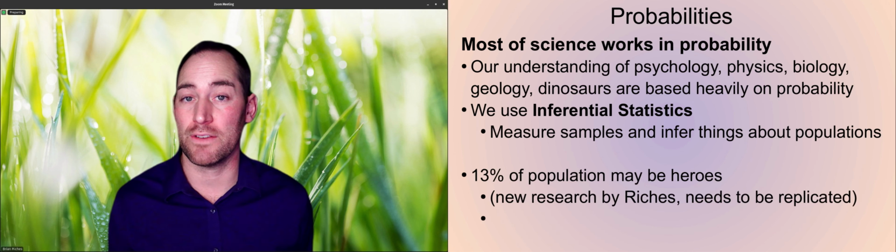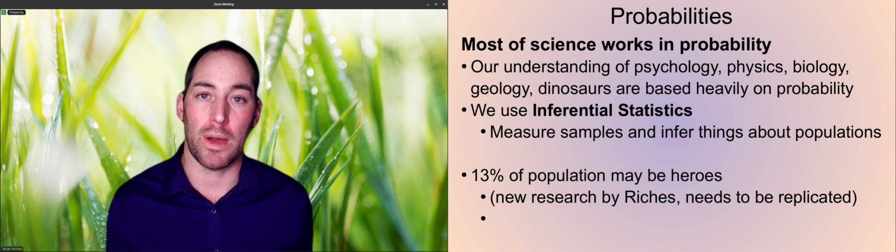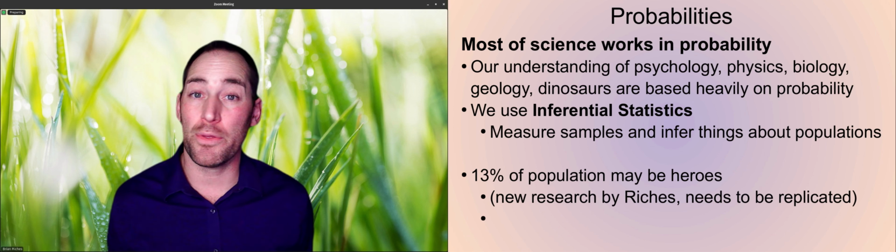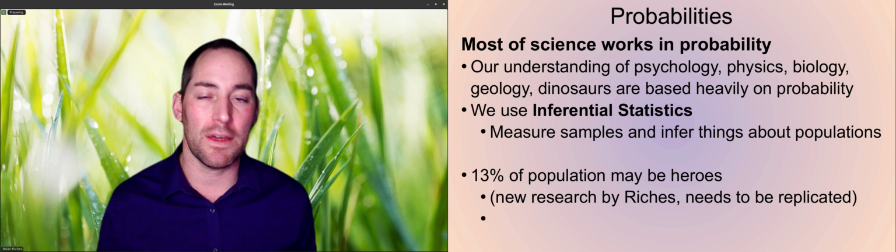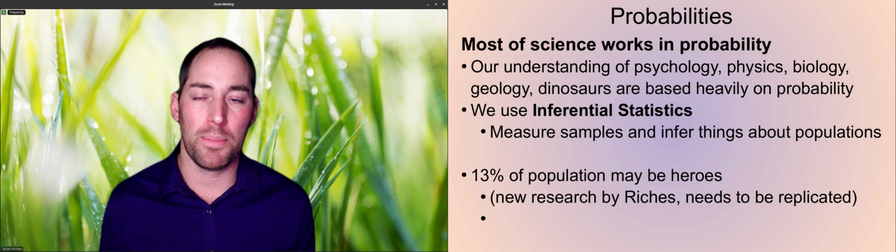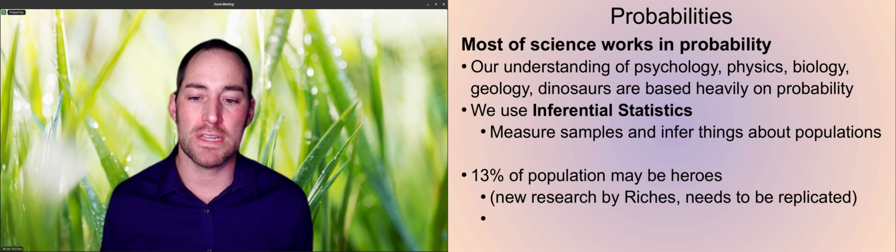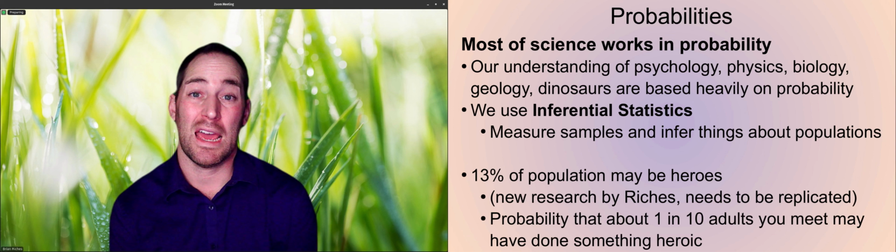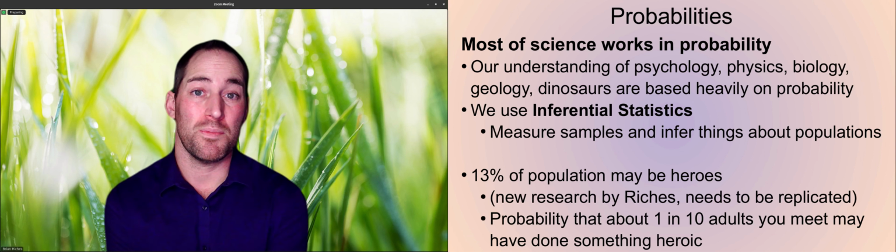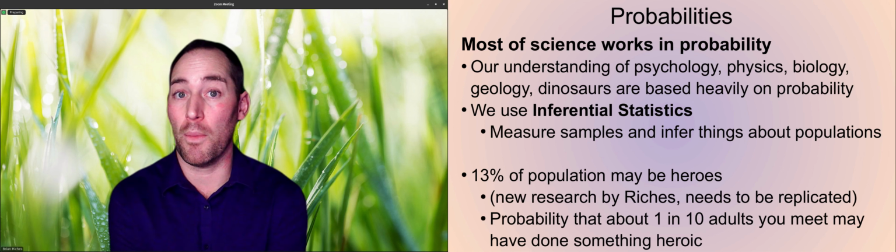So one interesting finding I recently found in some of my dissertation research was that about 13% of my samples had done something heroic. So I definitely need to test this in more samples. I need to replicate this in more studies. But it looks like if you meet about 10 people, it's high likelihood that at least one of them has done something heroic, which is a lot more than I ever expected.